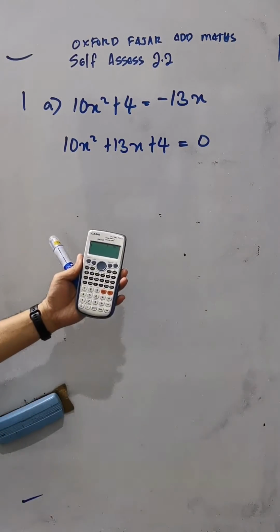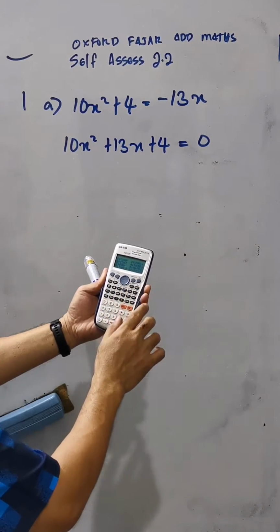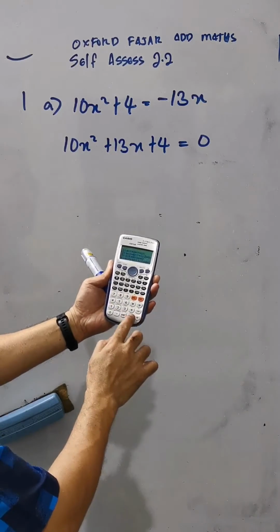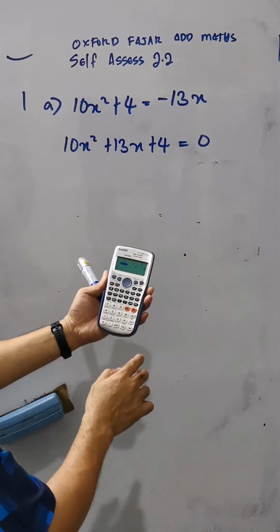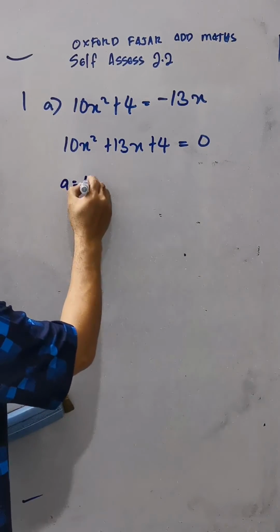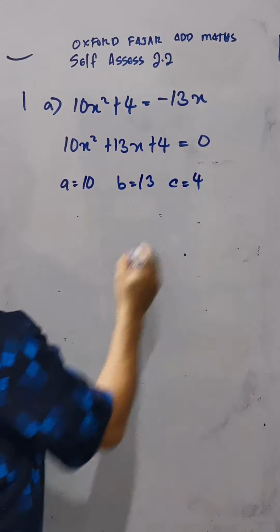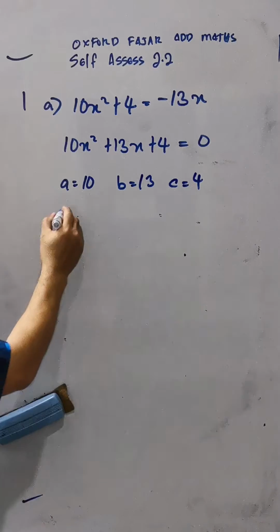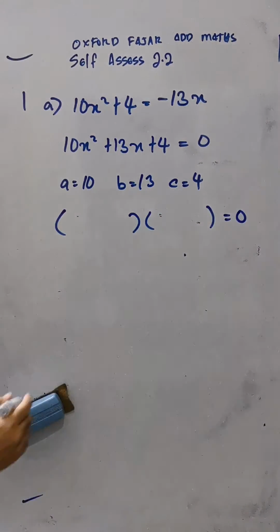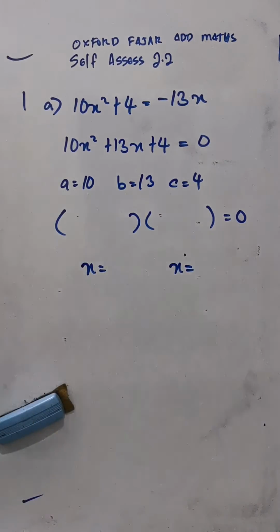If you are using this calculator, you have to press mode and take 5, and then take number 3. They will ask you for A, B, and C. So A here will be 10, B will be 13, and C will be 4. And then you write down inside a bracket equal to 0, and then you write down x equals.